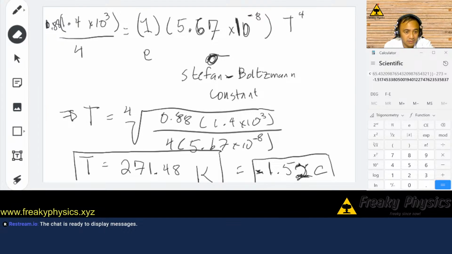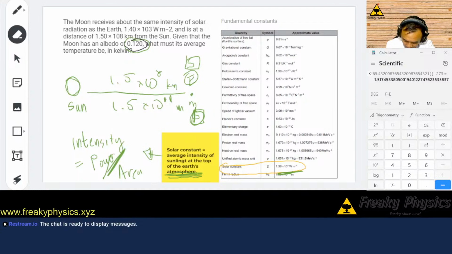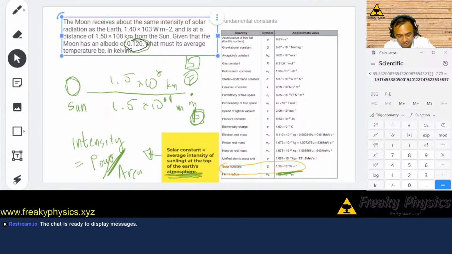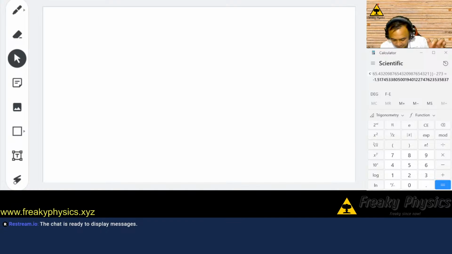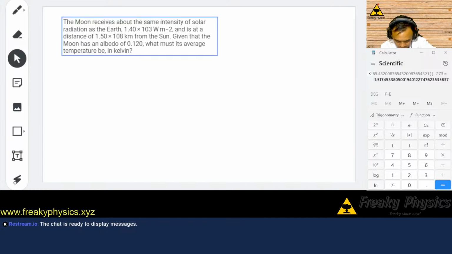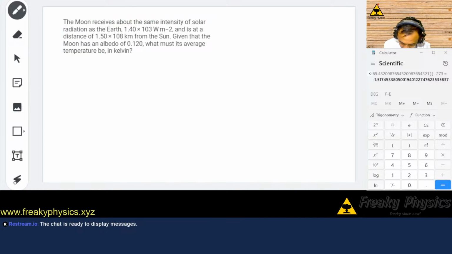Got it all? Yep. Okay, I want you to redo this problem. I'll put this onto a new board, but I'm going to change it from the moon to the Earth. So now change it to Earth. We'll remove this distance.